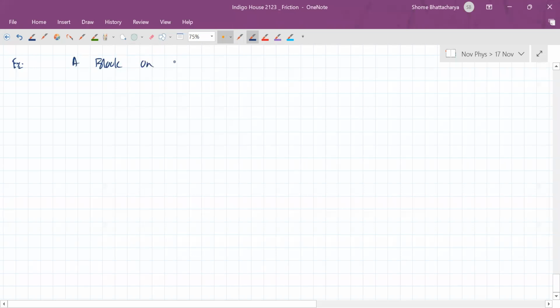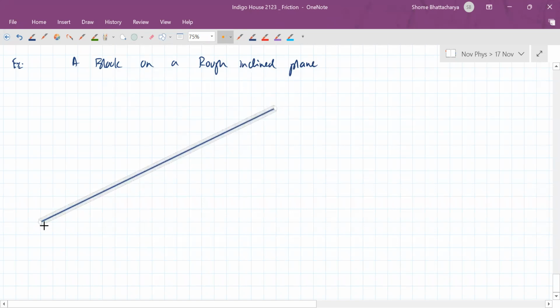A block on a rough inclined plane. So now I'm giving a single value of mu.